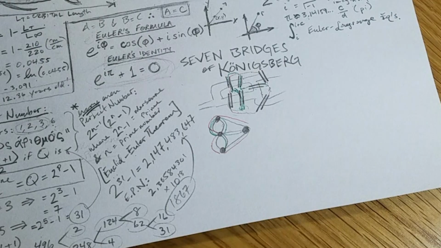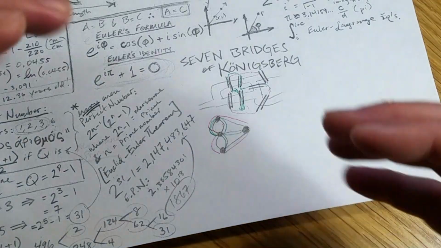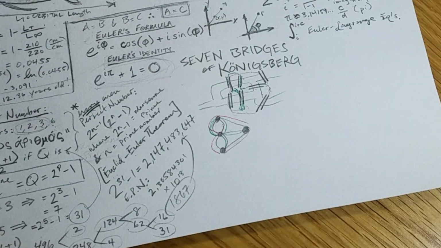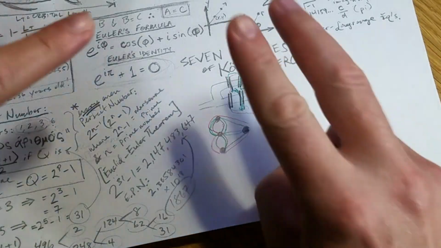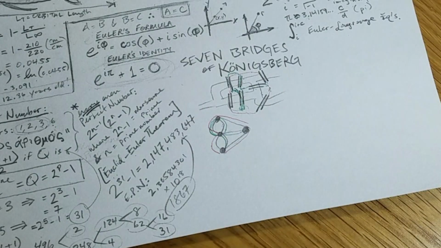I don't have the wherewithal, I don't have the knowledge or skills, maybe, to show you the proof. But Euler certainly did, and he essentially founded what's called graph theory with his logical refutation of this problem, proving that there's no such thing as a Eulerian circuit.